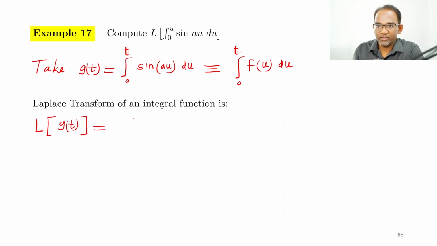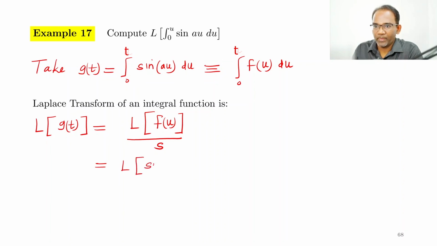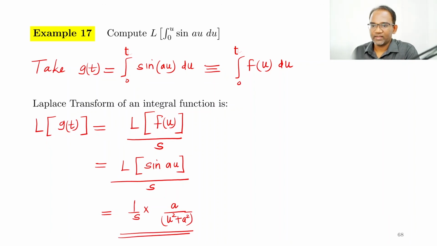So this is equal to the Laplace transform of f(u) over s. And this is equal to the Laplace transform of sin au over s, which is 1 over s times a over (s² + a²). Thus, we can calculate the Laplace transform of an integral function.